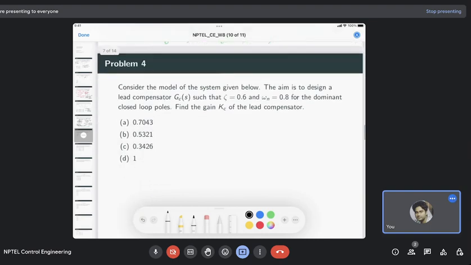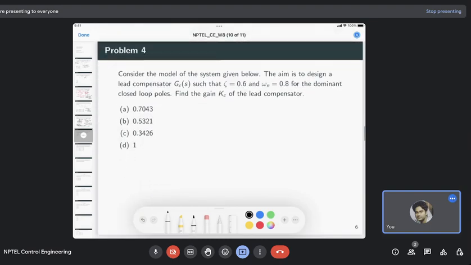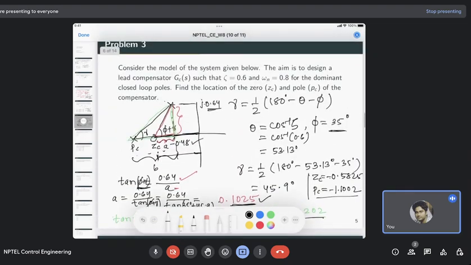So now, we already have this transient response specification that are made using this lead compensator. Now we see what value of the gain will achieve this dominant pole on the root locus. So we already have this dominant pole on the root locus, but now we need also gain.